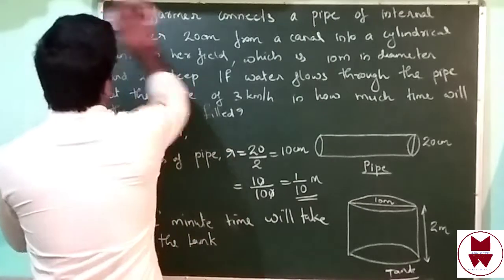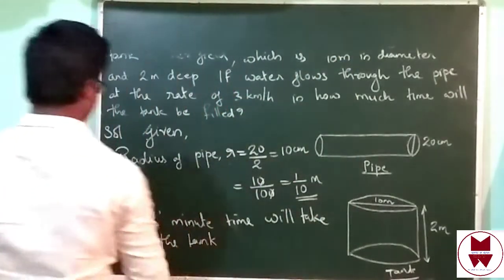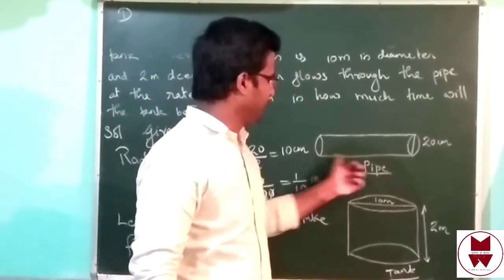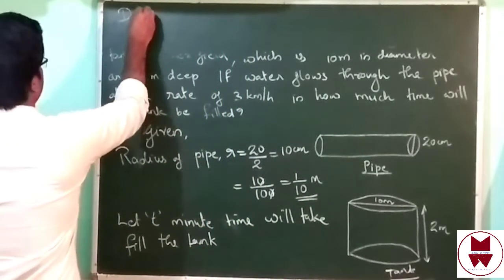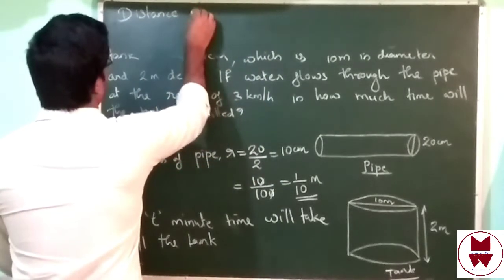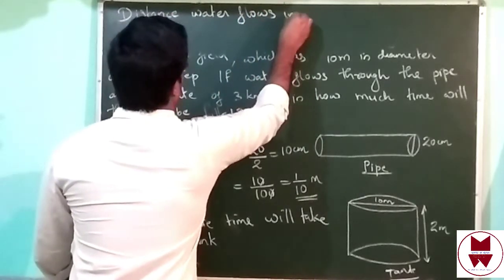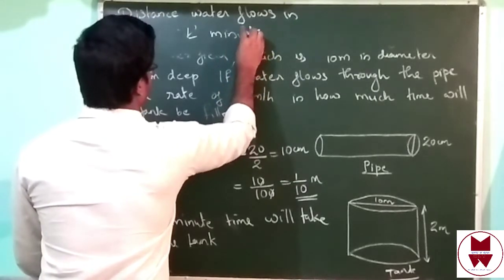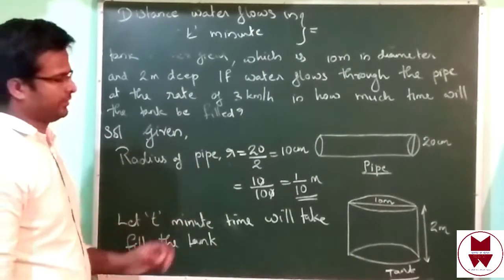Then here, the length of the pipe we don't know, isn't it? We have to find out the length of the pipe. We can write distance water flows in t minutes. How much distance will the water flow in t minutes?